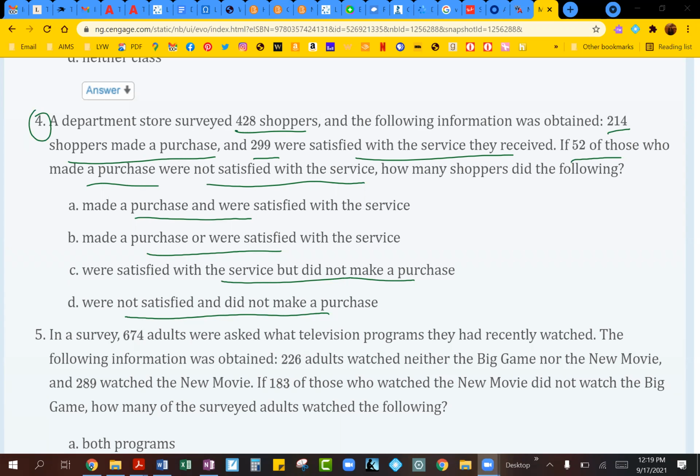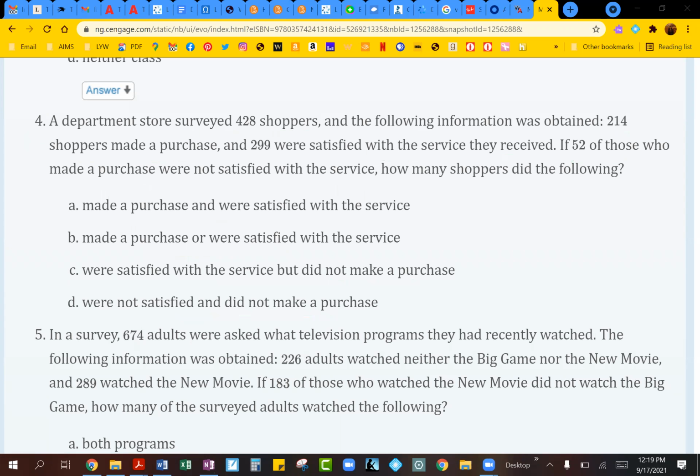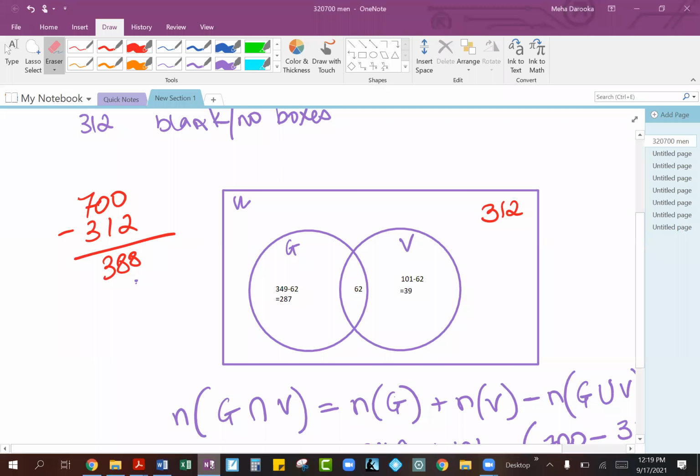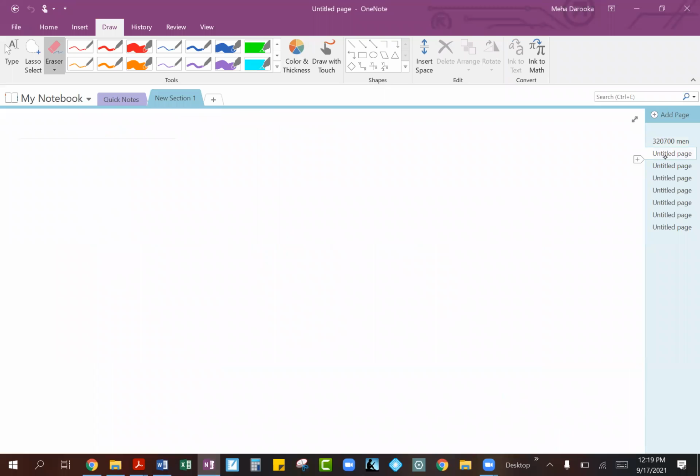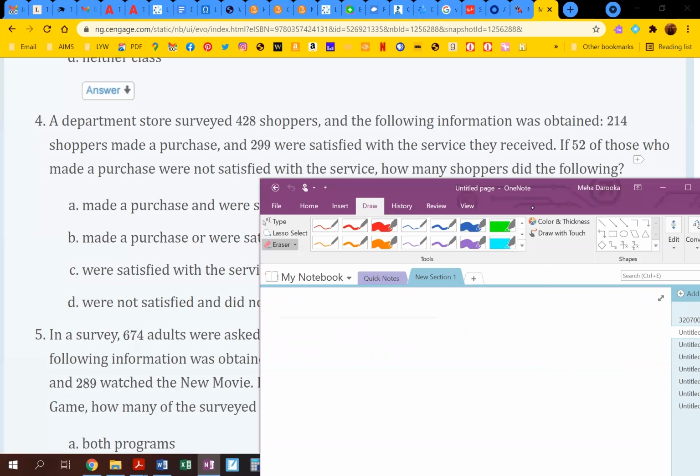So let's go ahead and write down all the information that we have on hand. Alrighty, so we know they surveyed a total of 428 shoppers.